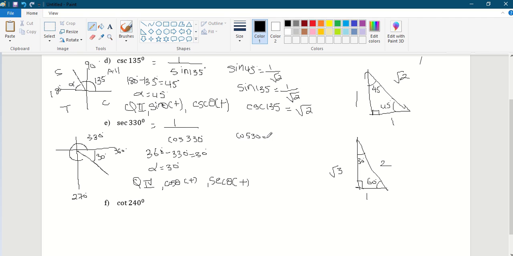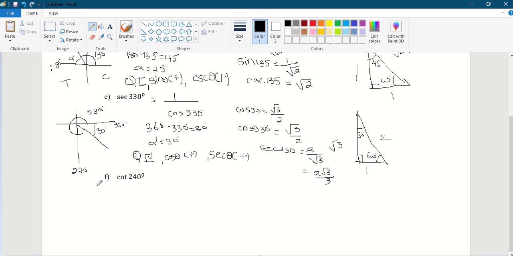So it's root 3 over 2. And then because we are in the fourth quadrant, cos 330 will be still same, no negative. And lastly then secant 330 we can say is 2 over root 3. And some of us rationalize this, but it's okay to leave it like this. If you were to rationalize this, it will end up being 2 root 3 over 3.